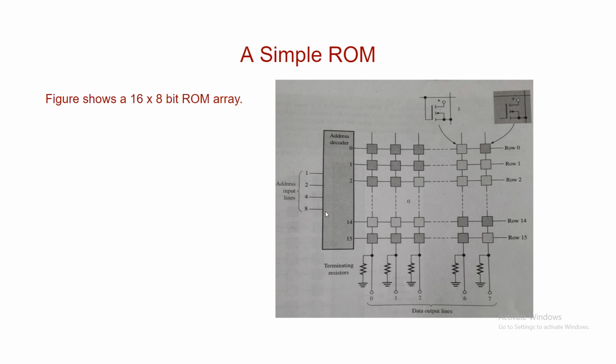For example, if the processor or user wants to read row line 2, the third location, the address given at the address lines should be 0010, and the equivalent decimal number is 2, so row 2 is selected.